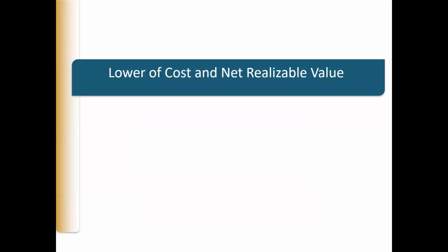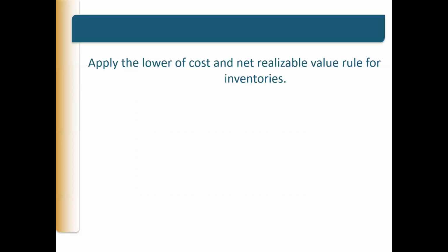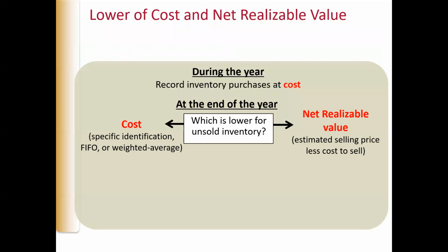Now there's something else we're going to talk about as it relates to inventory. We're aware of the term cost. That's what we usually show the inventory at. But there's a new term now we're going to use called net realizable value. And basically what that means is cost is what we purchased the items for.